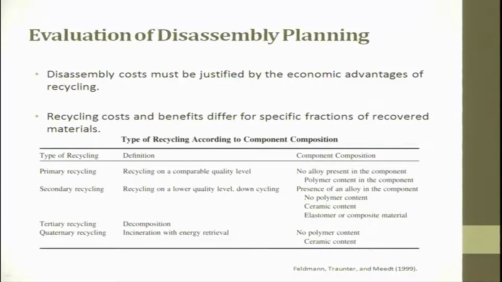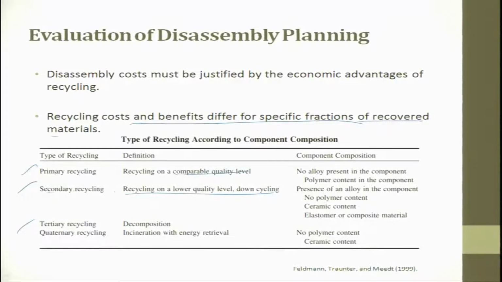The disassembly cost must be justified by the economic advantage of recycling. The recycle cost and benefit differ for a specific fraction of recovered material. There are three types of recovery: primary recycling, secondary recycling, tertiary recycling. Primary recycling is recycling at a comparable quality level. Secondary recycling is at a lower quality level.